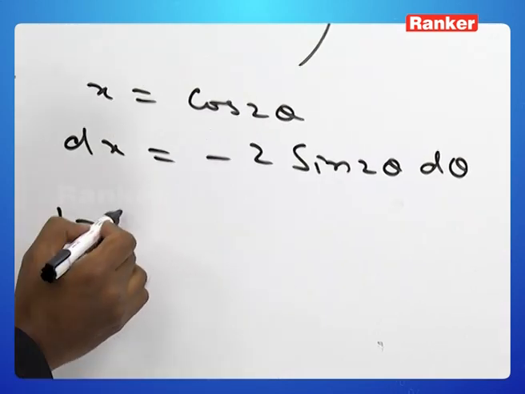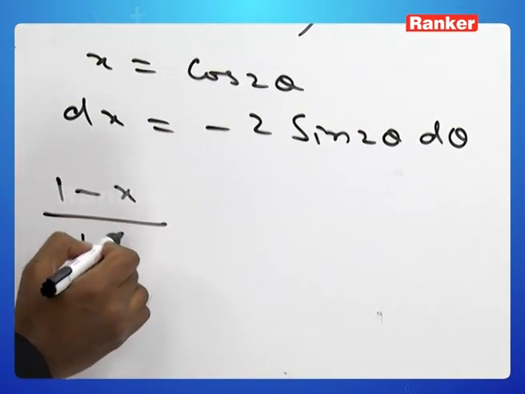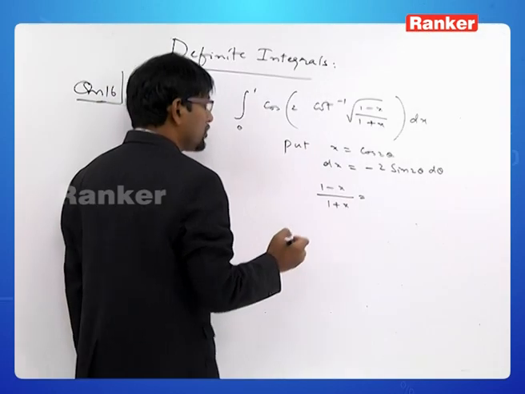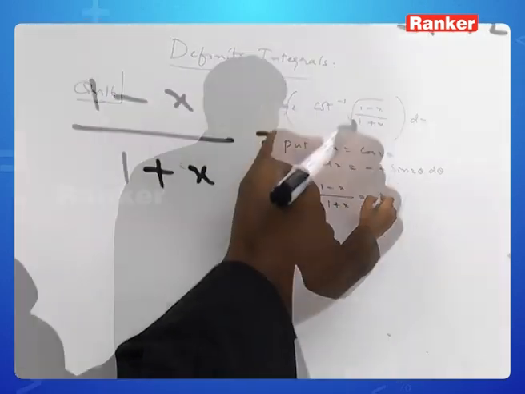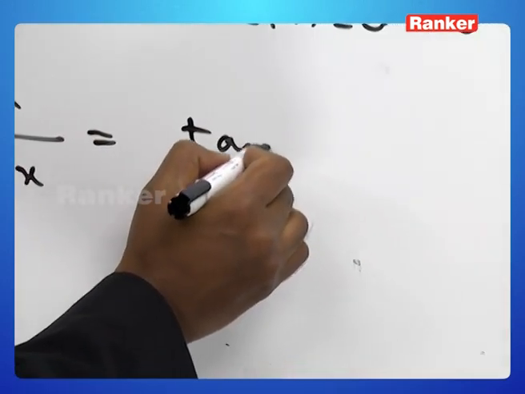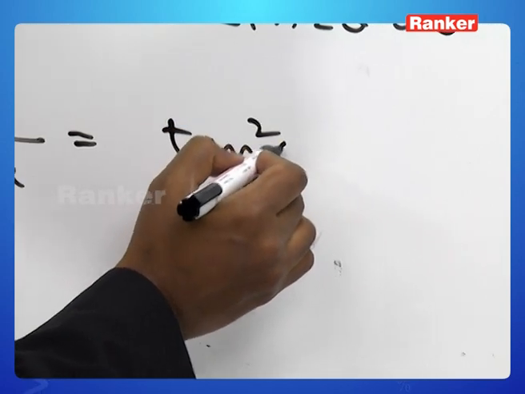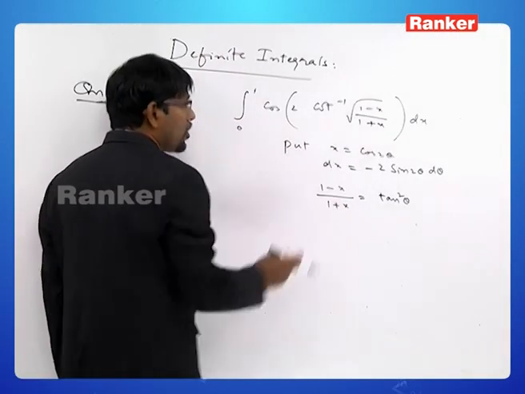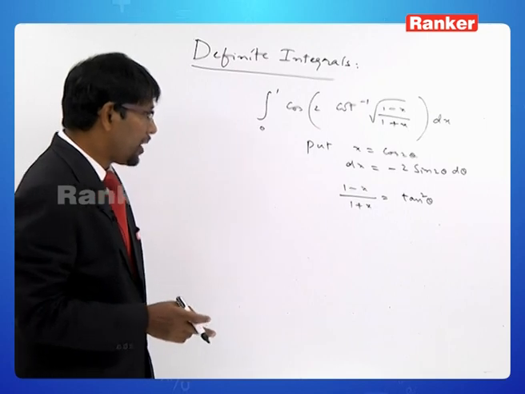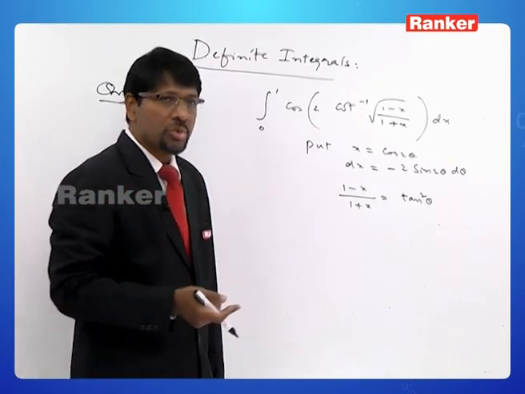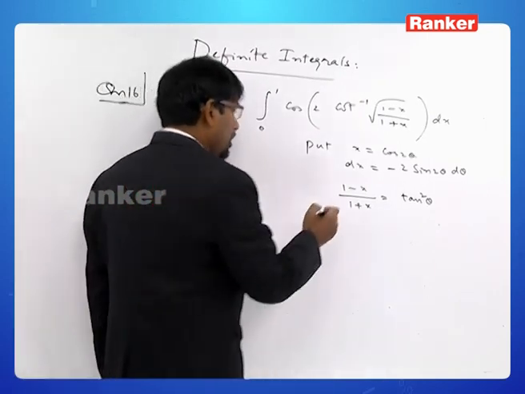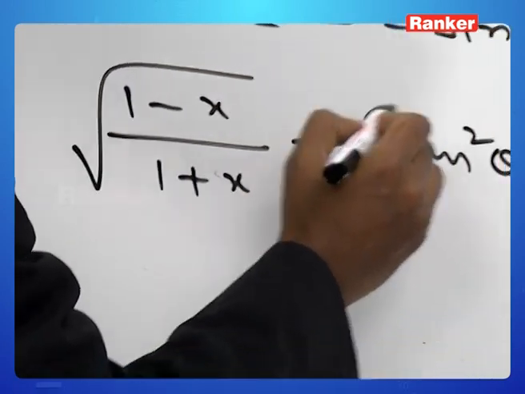We know that 1 minus x by 1 plus x will be tan square theta. 1 minus cos 2 theta is 2 sin square theta, 1 plus cos 2 theta is 2 cos square theta, and under root of that will give me tan theta.